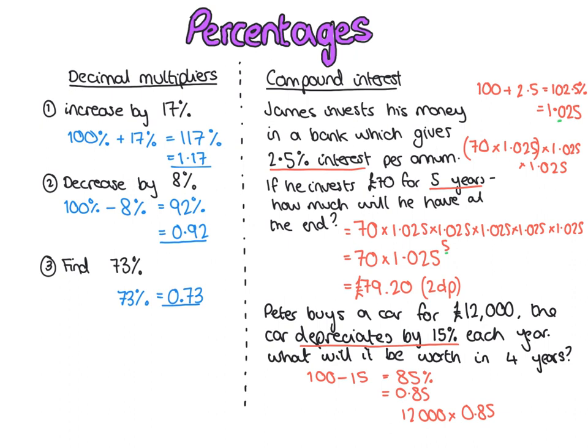That happens for each of 4 years, so it's 0.85 to the power 4. So 12,000 times 0.85 to the power 4 gives us 6264.08. Remember our units. So those are compound interest questions.